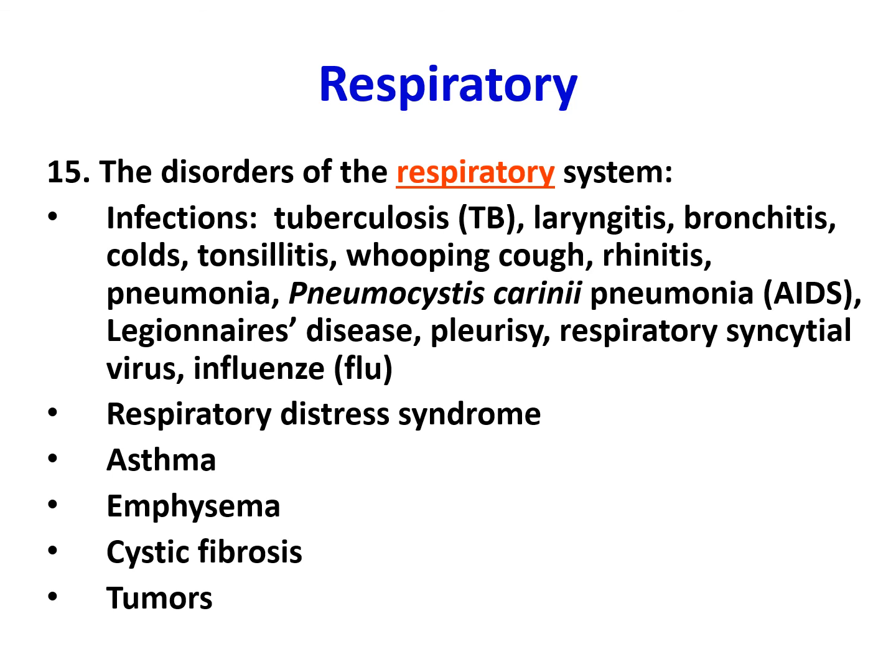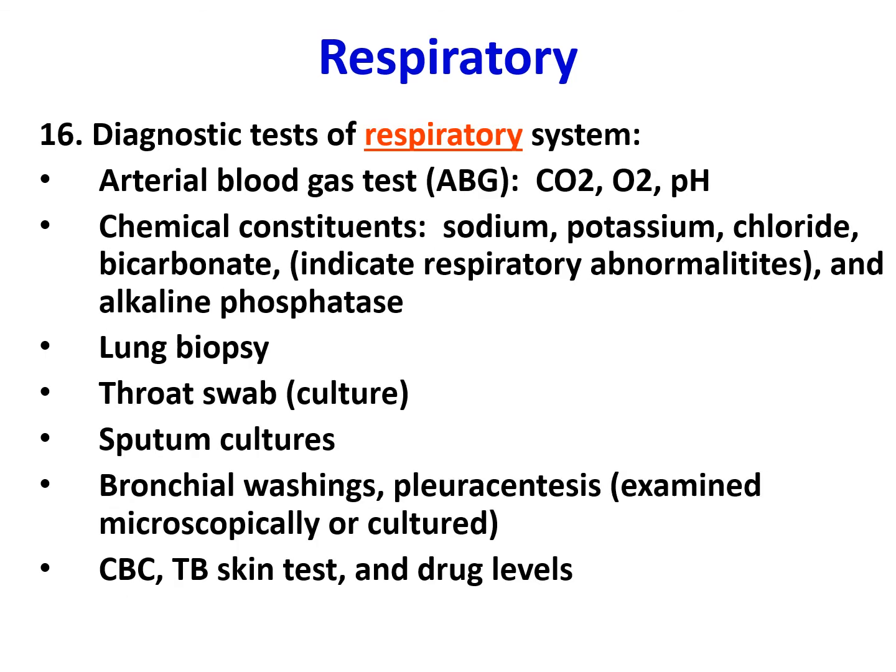Then you have respiratory distress syndromes, okay? Like, I know you've heard of people having emphysema, COPD, chronic obstructive pulmonary disease. These are issues, asthma, and then there's, of course, cystic fibrosis. And then you can also have tumors inside your lungs that will cause issues with respiratory.